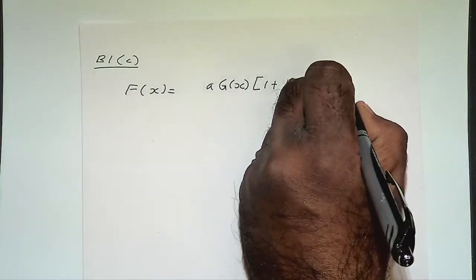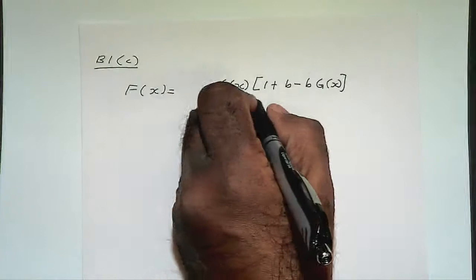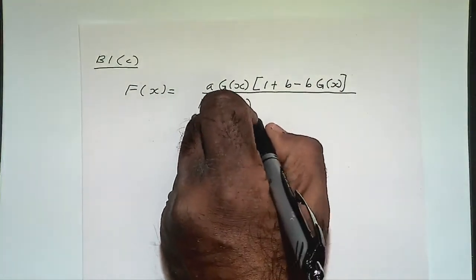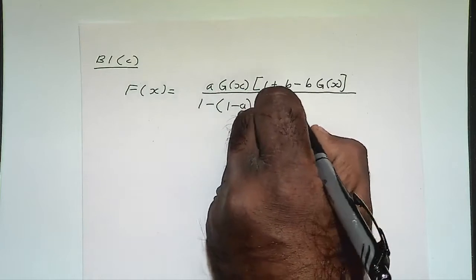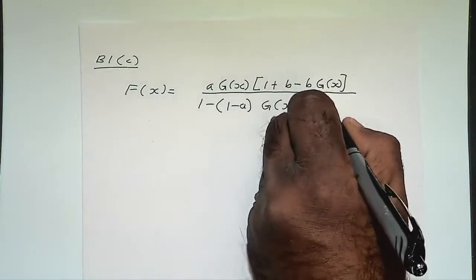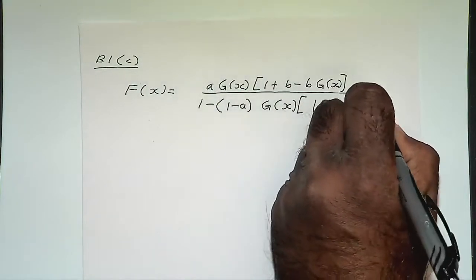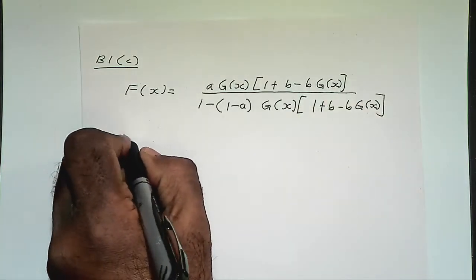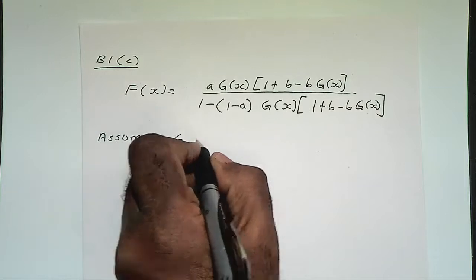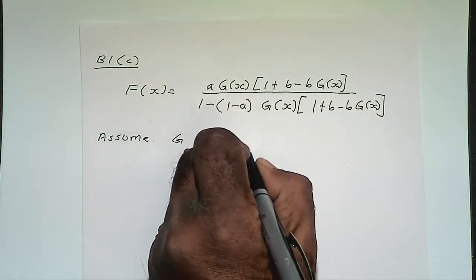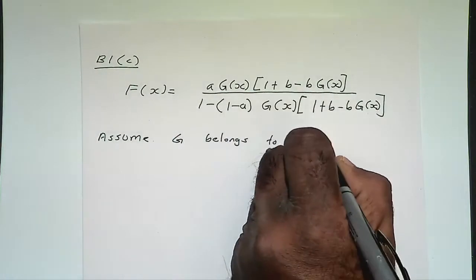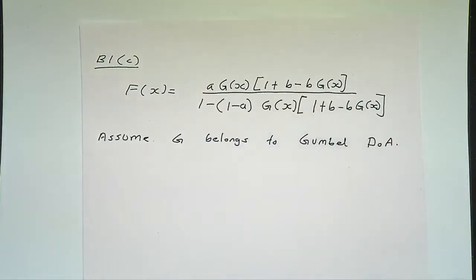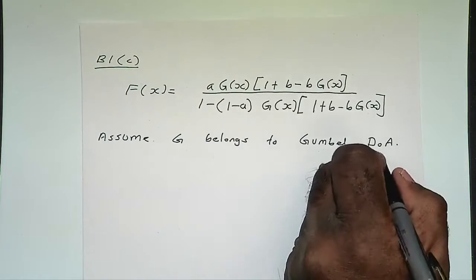So let's assume that G belongs to the Gumbel domain of attraction. DOA stands for domain of attraction.